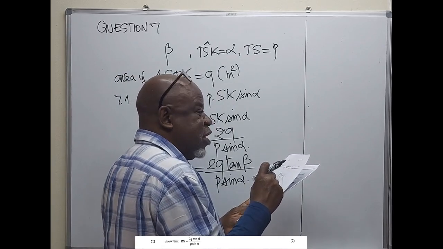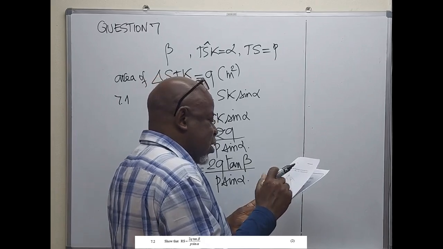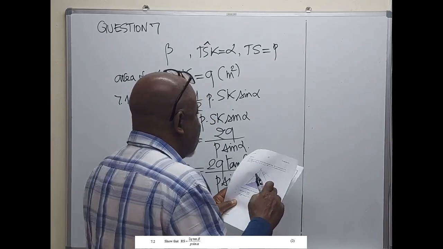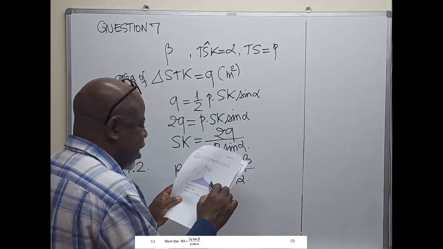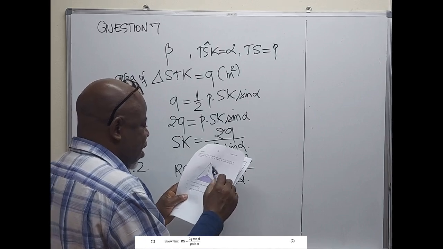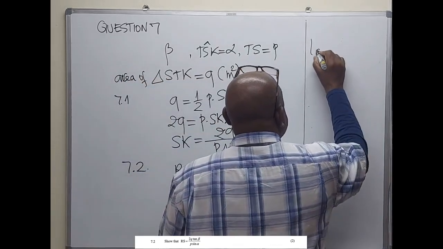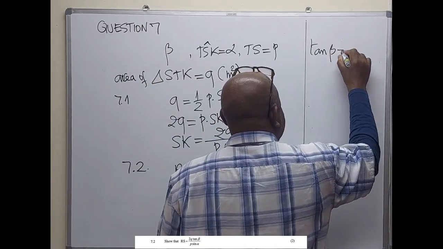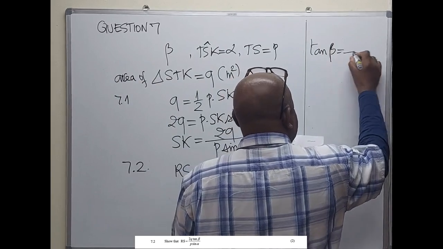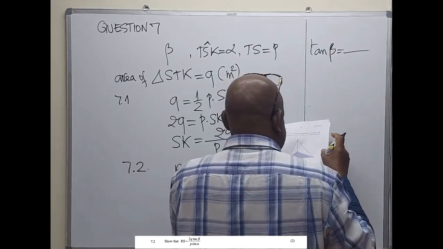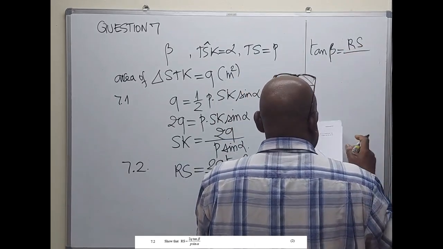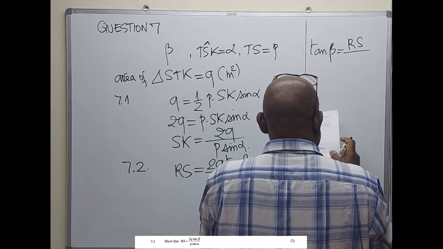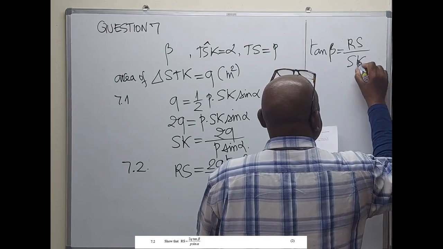Talking about corresponding angles or alternate angles, angle beta will be down here where we have our point K. So if I want to get tangent beta, it will be equal to the opposite side over the adjacent side. The opposite side is RS, and the adjacent side is SK.